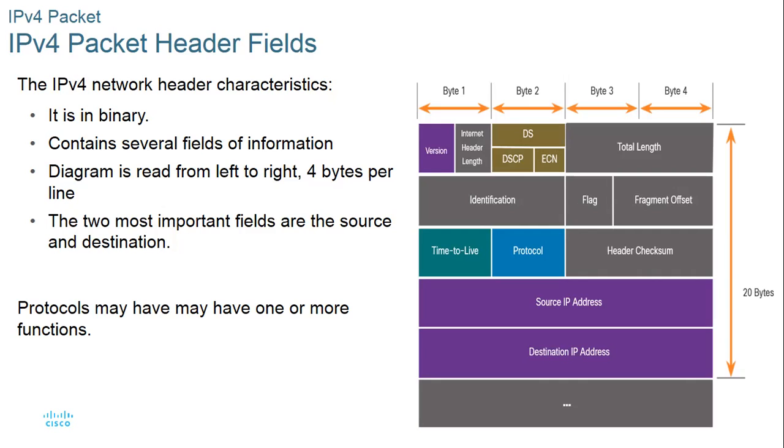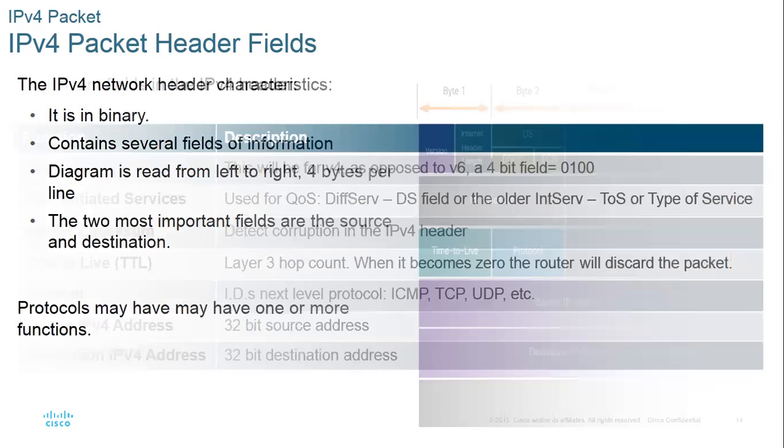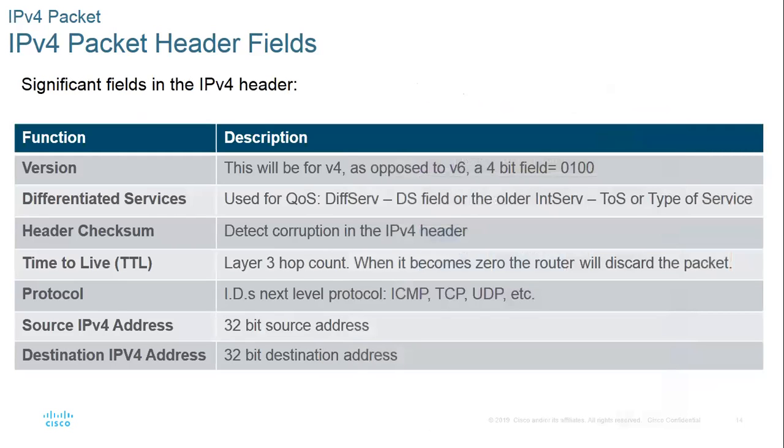The last field we'll explain is the header checksum, which is like the FCS within the Ethernet frame. It is calculated over the header to check if there is an error in the header.